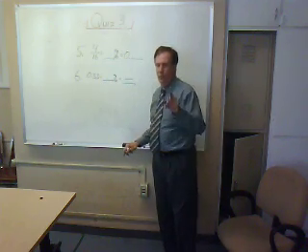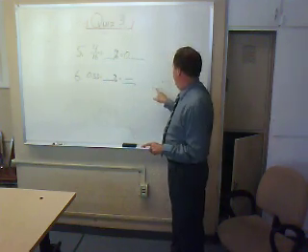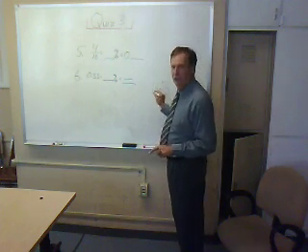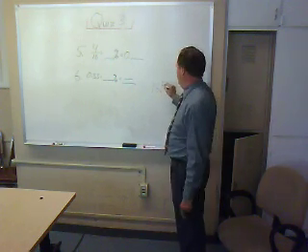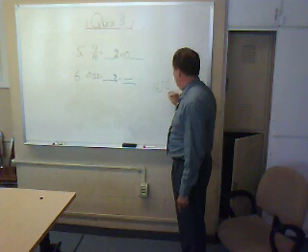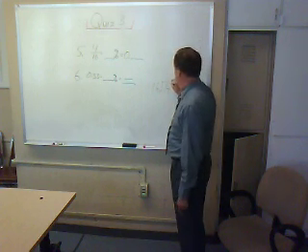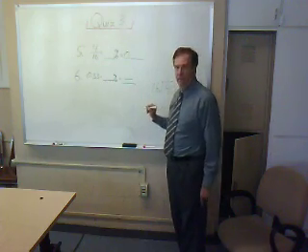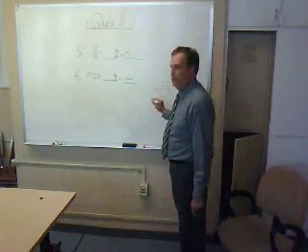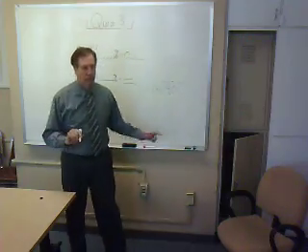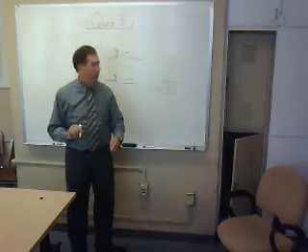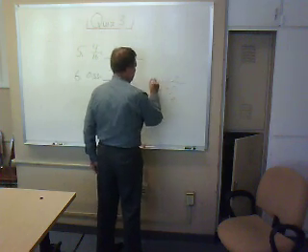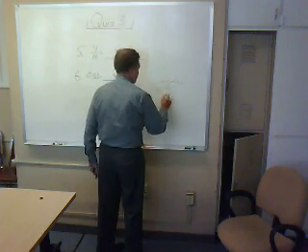Remember, to divide 16 into 4, I'd say how many times does 16 go into 4? It doesn't. So I've got to put a decimal there, and a 0. So how many times does 16 go into 40? 2. 2 times 6 is 12. Carry the 1. 2 times 1 is 2, plus 3 is 32. I subtract those.